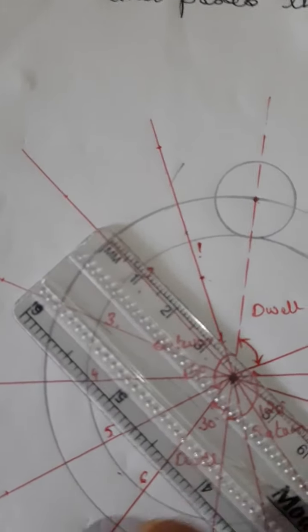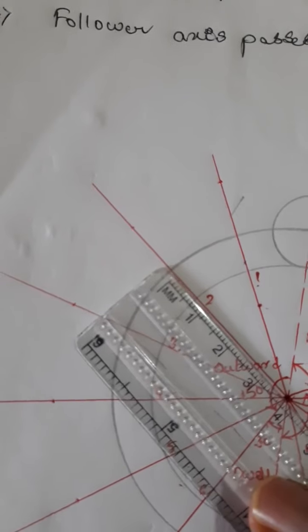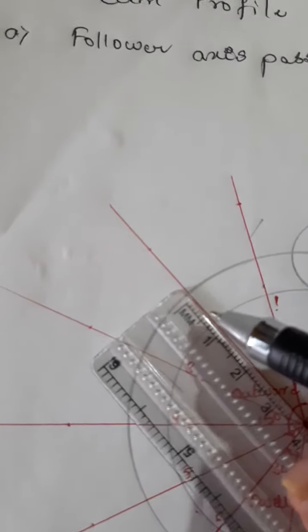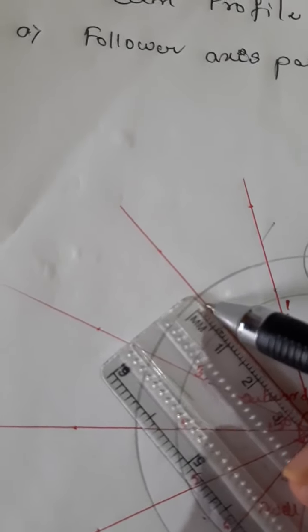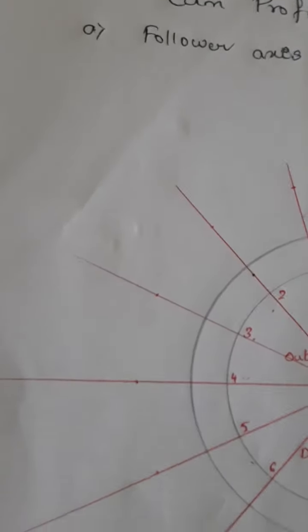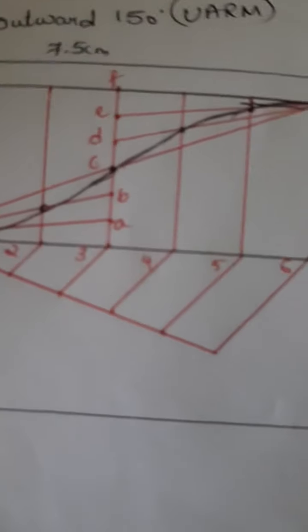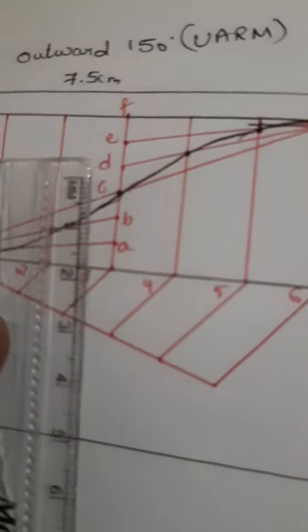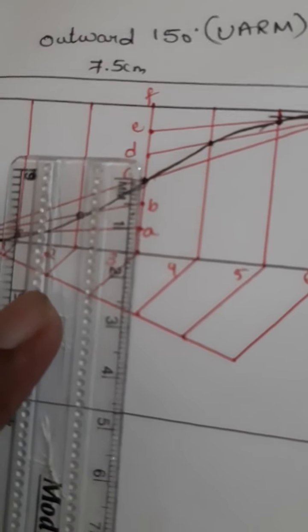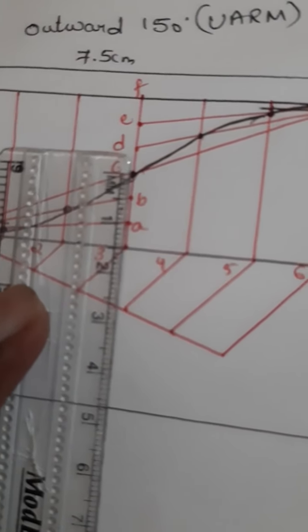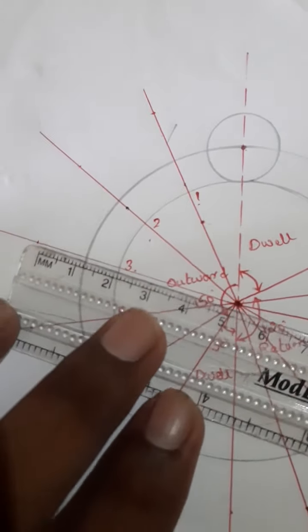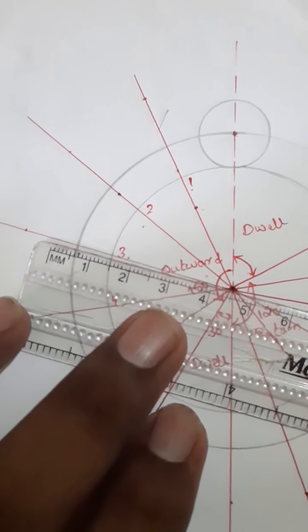Similarly for line 3, from the inner circle on line 3, measure 1.5.